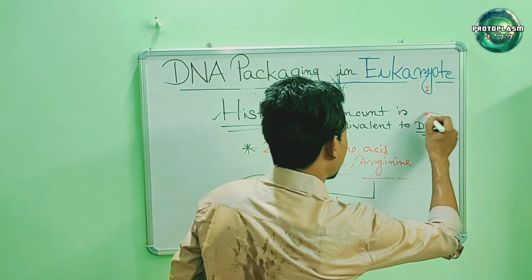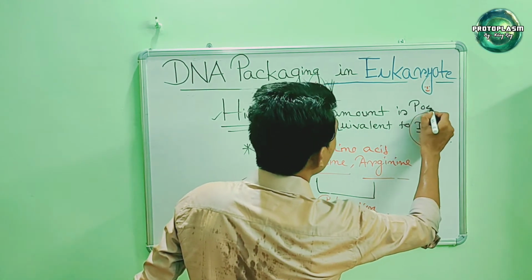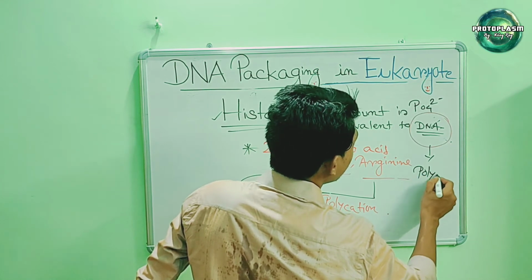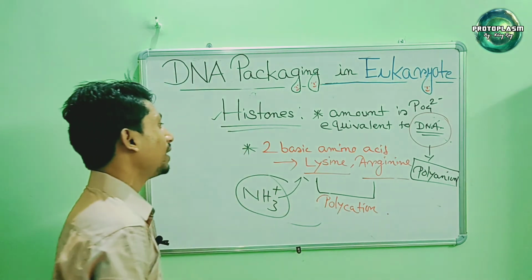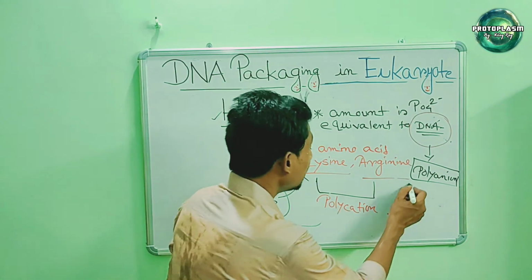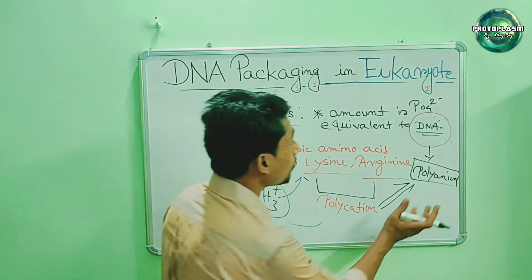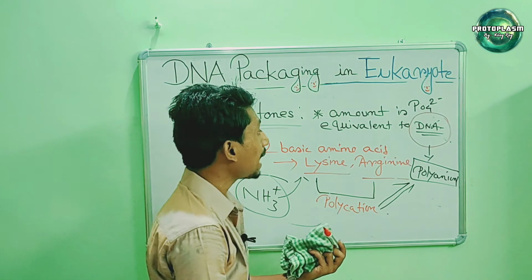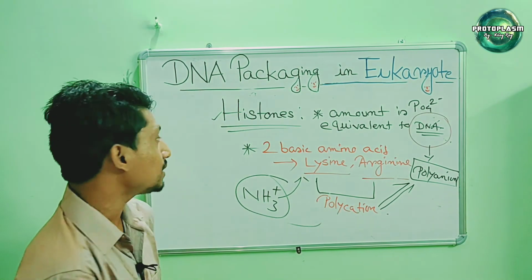But in the case of DNA, we know that the phosphate group is present that acts as a polyanion. So in the interaction between histones and DNA, the polycations of the histone sense the polyanion of DNA, and the interaction occurs that causes the packaging of DNA inside a cell.